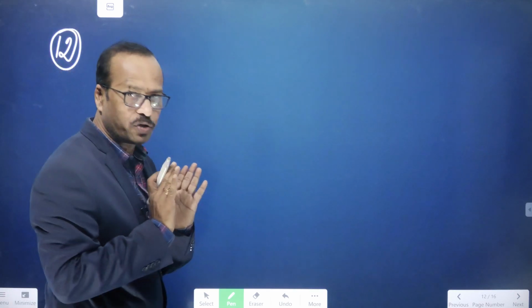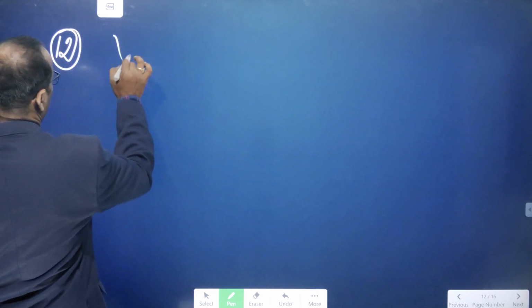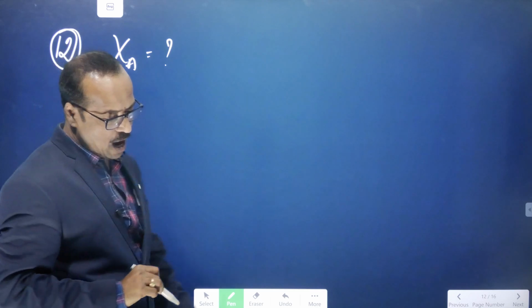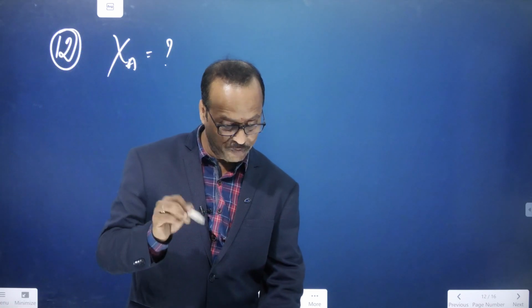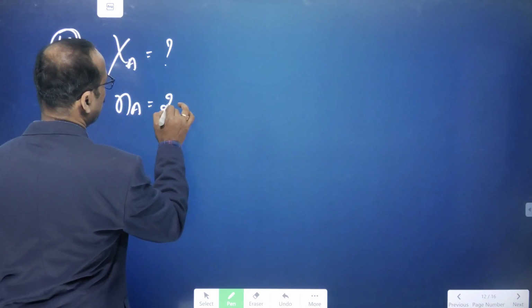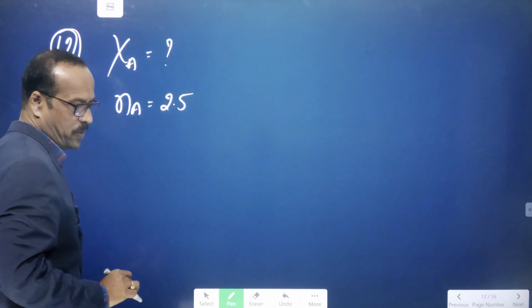Mole fraction of solute we have to find. Mole fraction of solute means XA we have to find. Of a solute in 2.5 moles of aqueous solution, solute moles is given, means Na is given. Na is equal to 2.5 is given.